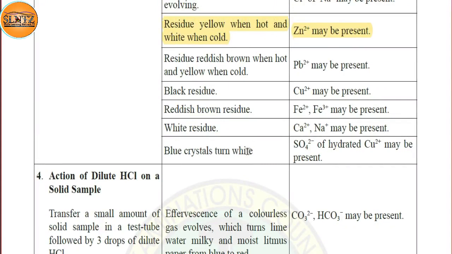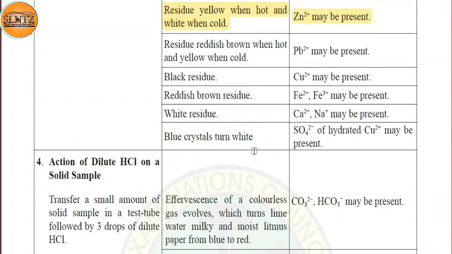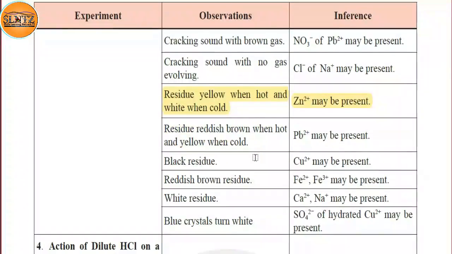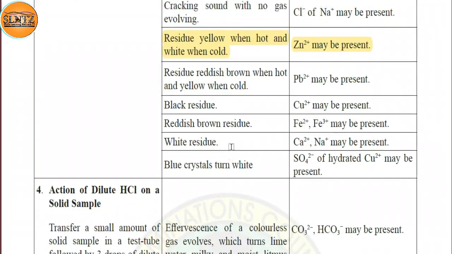So we can't expect to get lead, because in action of heat, for lead we can expect to get reddish brown when hot and yellow when cold. So this is not correct. When you see this is the lead, this is wrong in zinc nitrate.